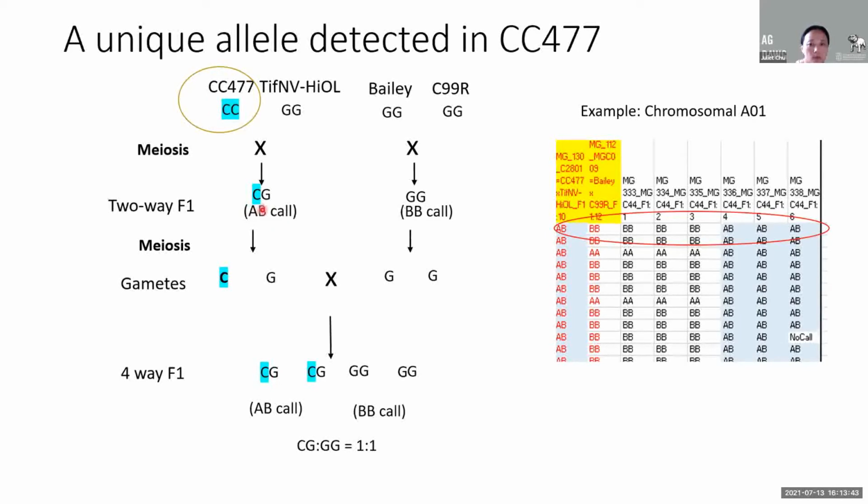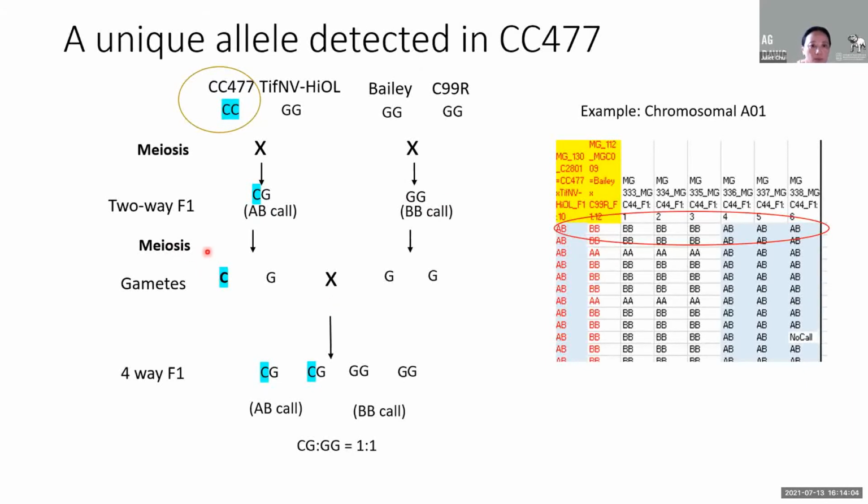Here this particular individual is a two-way F1 hybrid, called AB. Then the counterpart, which serves as male in the next round of four-way cross, would have a GG because it's a common marker, so you would see a BB call in this case.